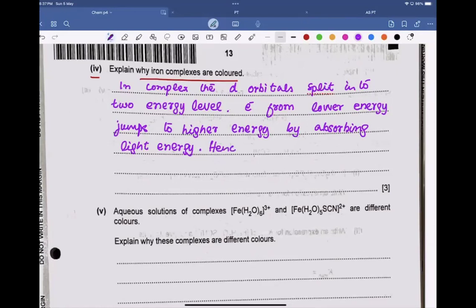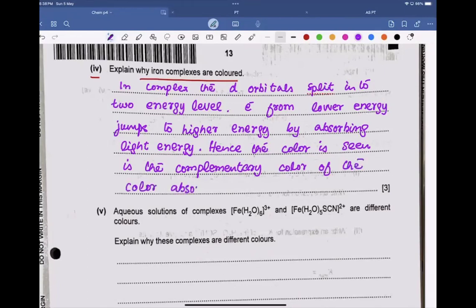Hence, the color seen is the complementary color of the color absorbed. Is this understandable?